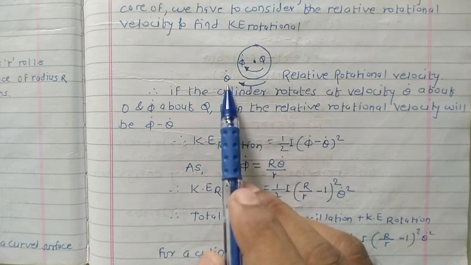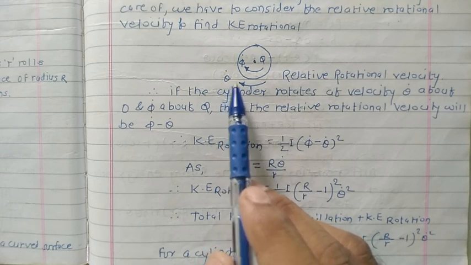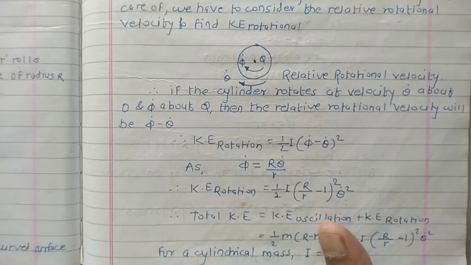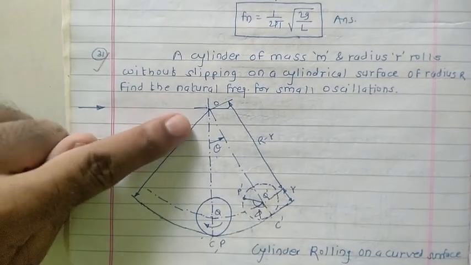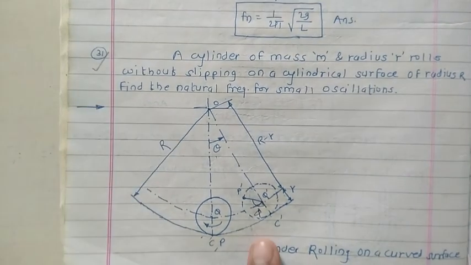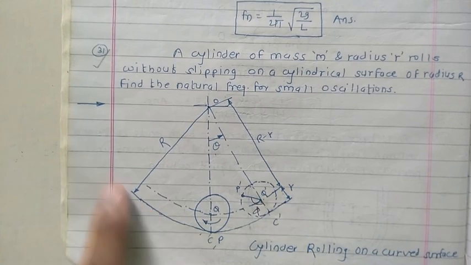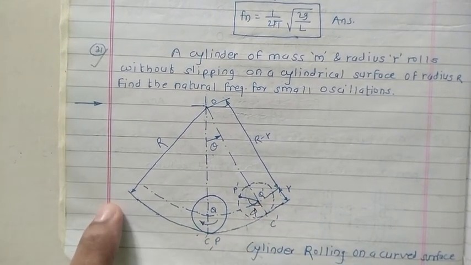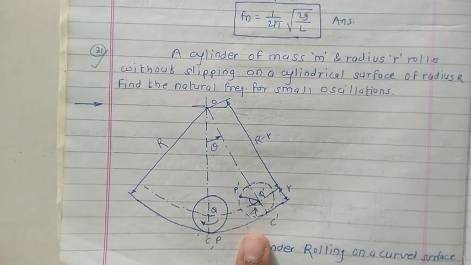The theta term we have considered for the oscillations of this cylinder about point O, and the phi term we have considered for the rotational motion of this cylinder over the surface of the cylindrical portion. So we need to consider the difference between the velocities.